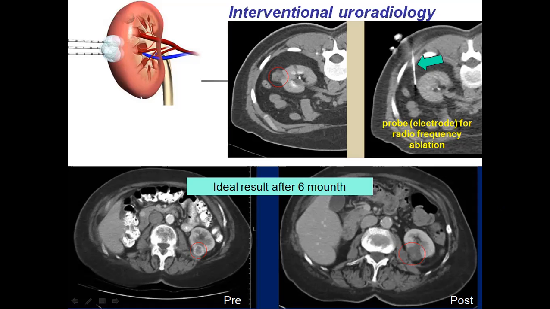When, for example, special probes or electrodes for radiofrequency ablation are inserted into a previously detected tumor of the kidney, then the position of this probe is confirmed by CT scan after the placement of the electrode.